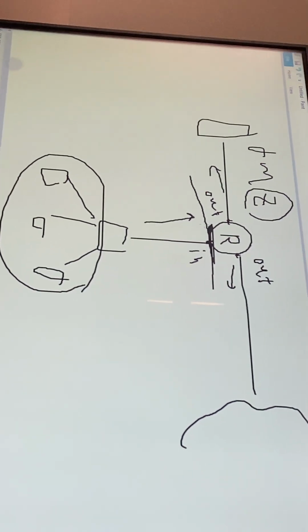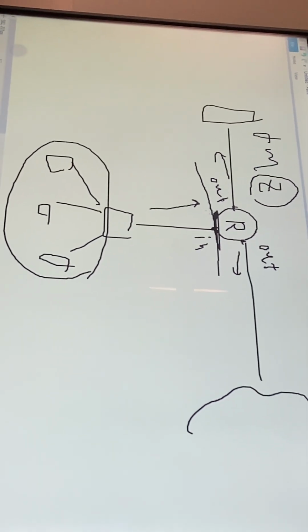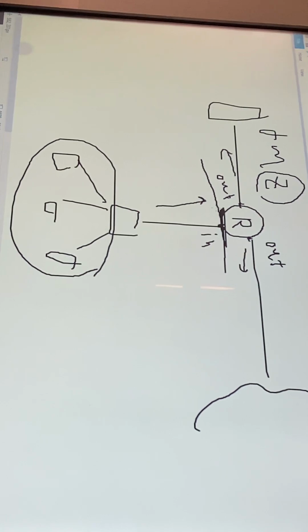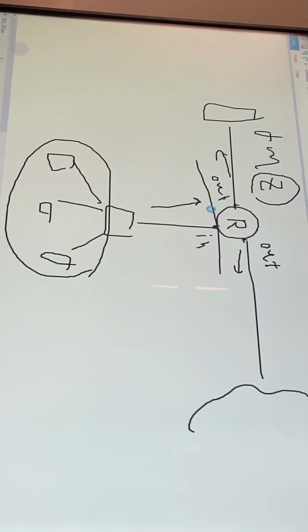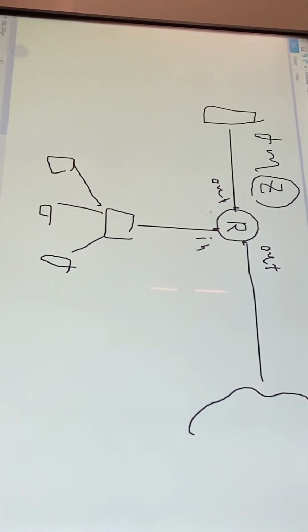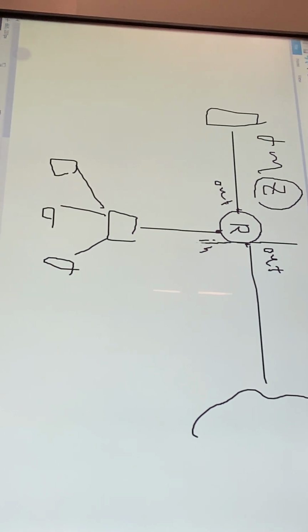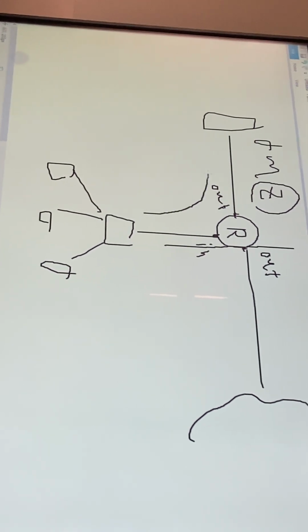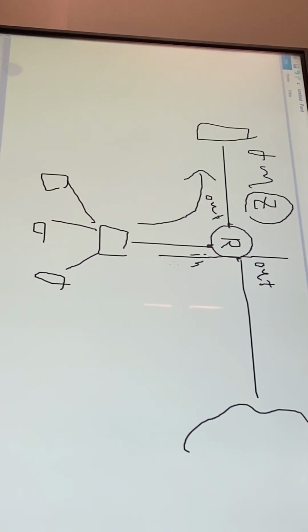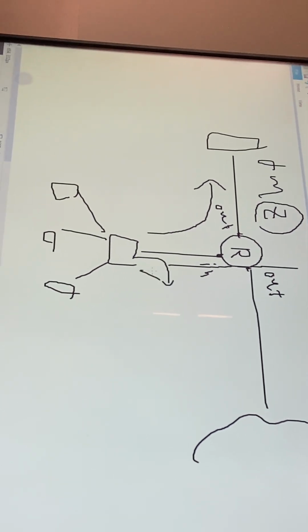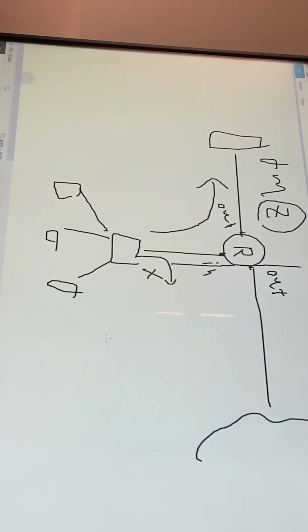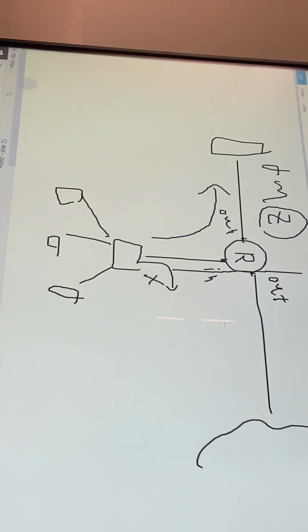So when I apply an access list on the main interface, it will not forward to any ports. But if I deny it on the out line here, I can go here, no problem, but I cannot go here. You understand?